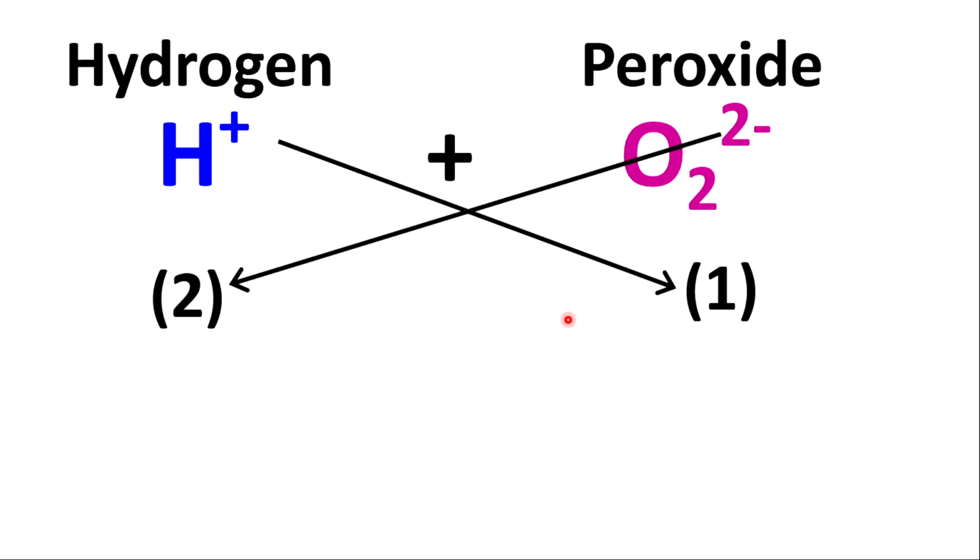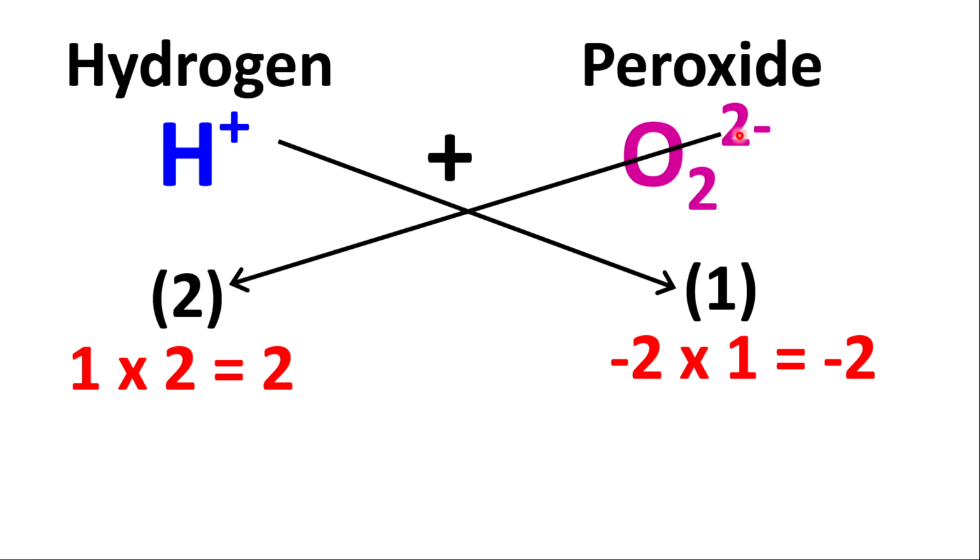Now what this is saying mathematically is that 1 positive multiplied by 2 equals 2. And on this side, the 2 negative multiplied by 1 equals negative 2. Now the charges on both sides are equal. Therefore, the sum will be 0.